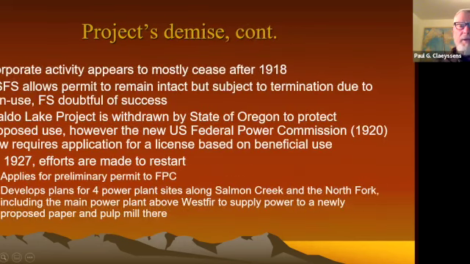So corporate activity pretty much ceased before 1920. And Mr. Klovedal leaves and goes on to do road building and civil engineering for the city of Eugene. There's an effort to restart the project in the late 1920s, and there's plans for more power plants, but those don't come to fruition either.